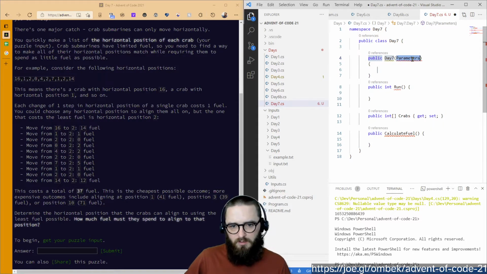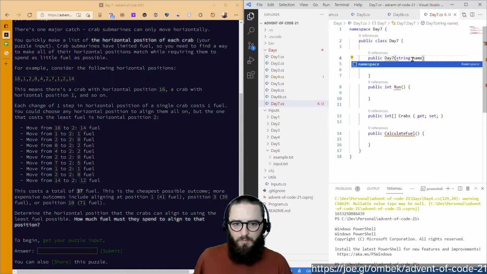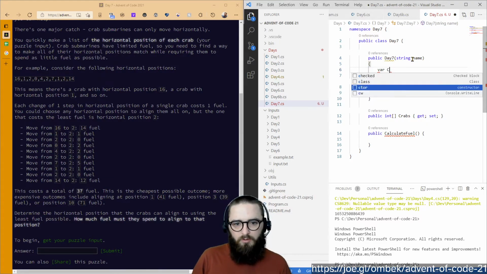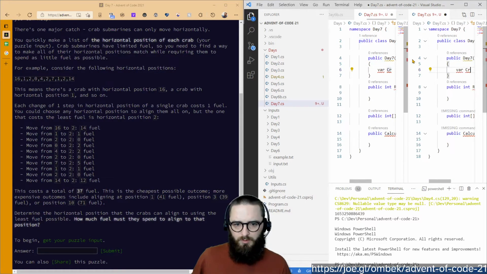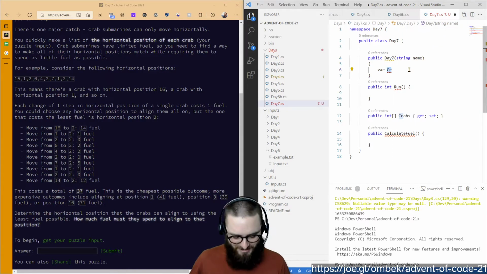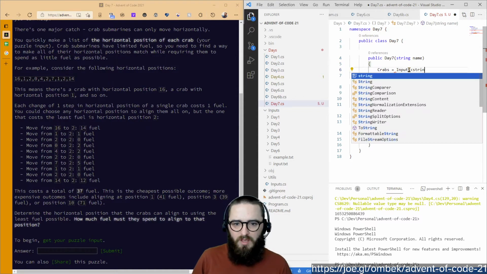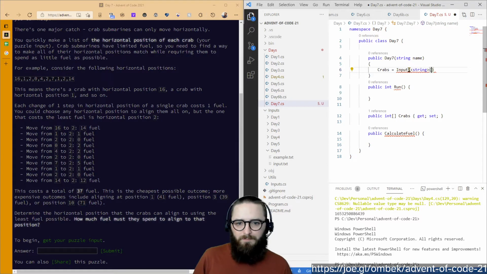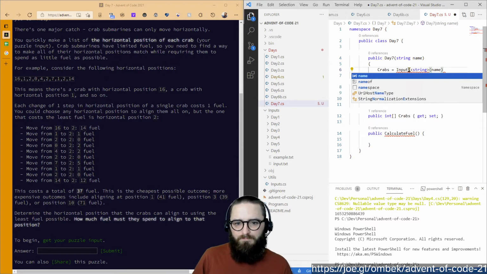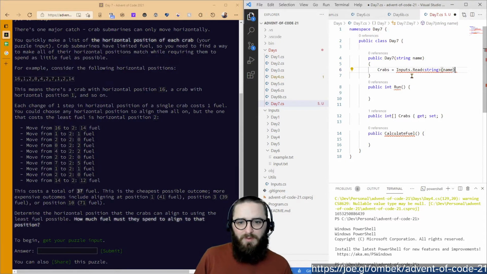Constructor is going to take a string for the name of the input, var crabs. Oh, no. Mashing keys, none of which are the ones I want. Crabs equals inputs. We're going to read that as a string because I still haven't written my inputs.read. I haven't written my CSV parsing stuff.